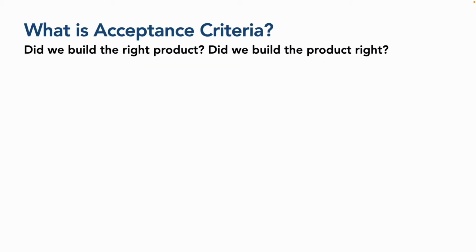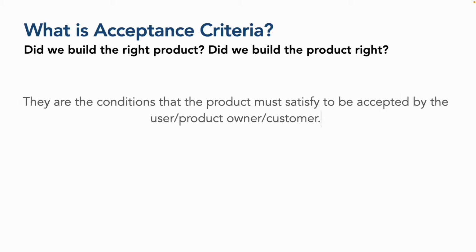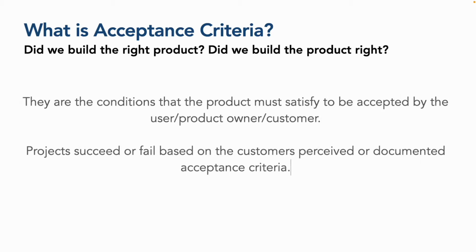So what is acceptance criteria? Well, it's essentially asking fundamentally, did we build the right product, or did we build the product right? So they are the conditions that the product must satisfy to be accepted by the user or product owner or customer. Projects often succeed or fail based on the customer's perceived or documented acceptance criteria.